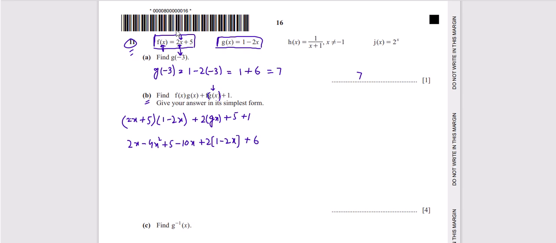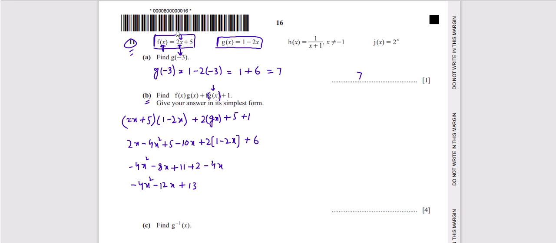Now write the highest power first: minus 4x squared. Next, 2x minus 10x is minus 8x. 5 plus 6 is 11. Then 2 multiplied into the bracket: 2 times 1 is 2, and 2 times minus 2x is minus 4x. Arranging: minus 4x squared, minus 8x minus 4x is minus 12x, and 11 plus 2 is 13.